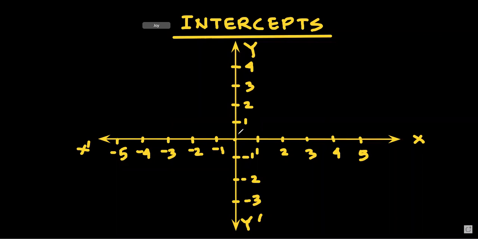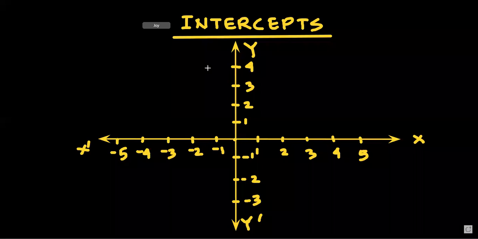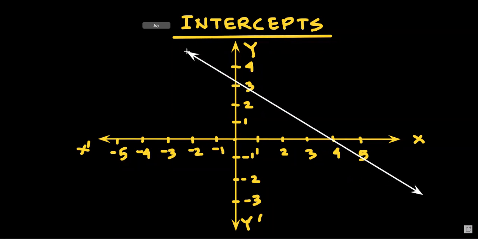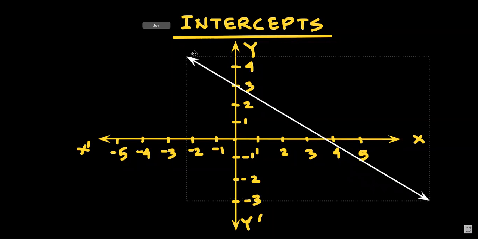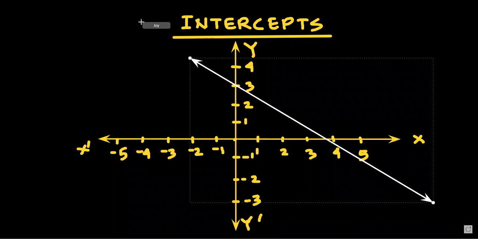And similarly, we have drawn the axes, -1, -2, -3, -4, and so on. Now, suppose I'm drawing a linear line which is passing through these points.